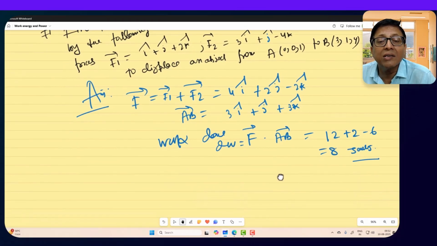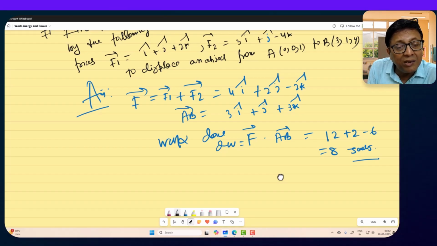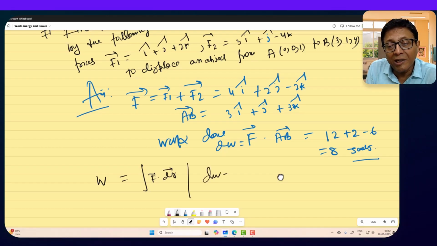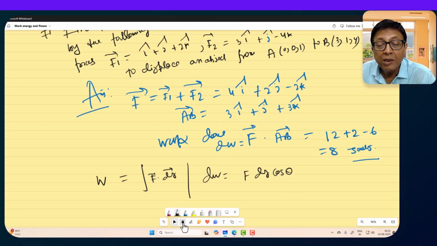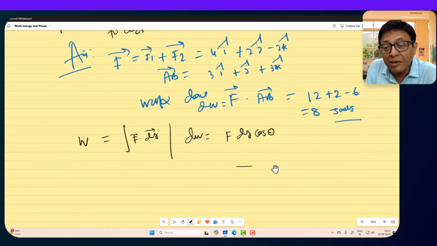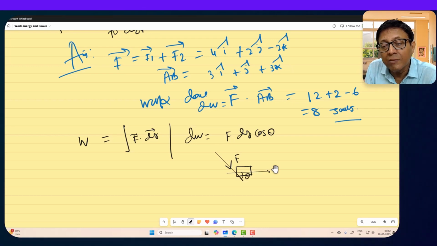Now, this work done expression, if I write once more, W equals F dot dr, or dW is F dr cos theta. Suppose this applied force makes some angle theta with the horizontal. We have taken the component. Just let me explain the situation. This force F makes an angle theta.